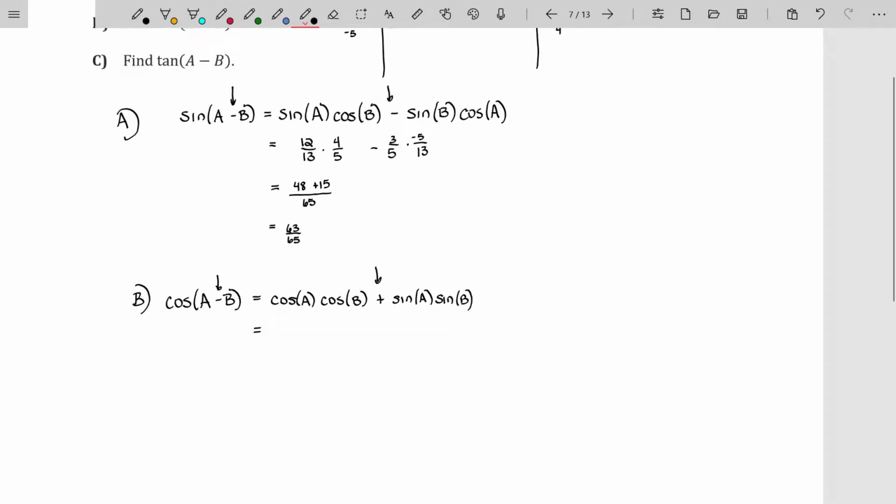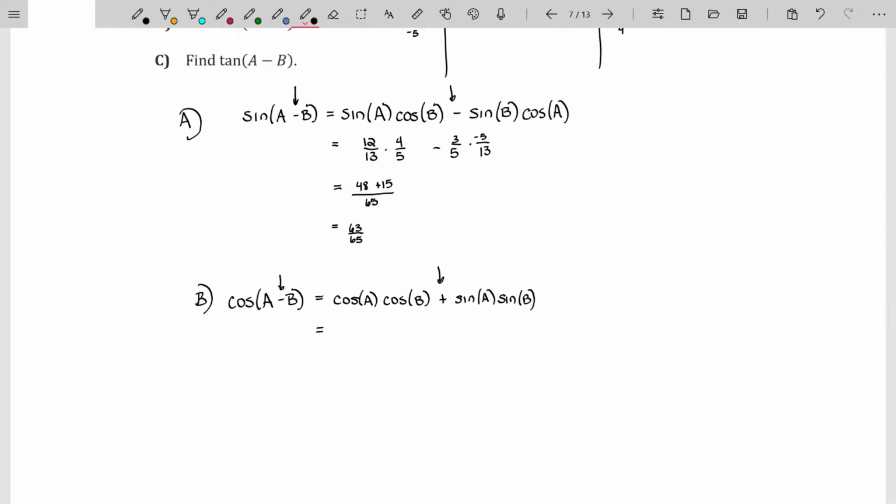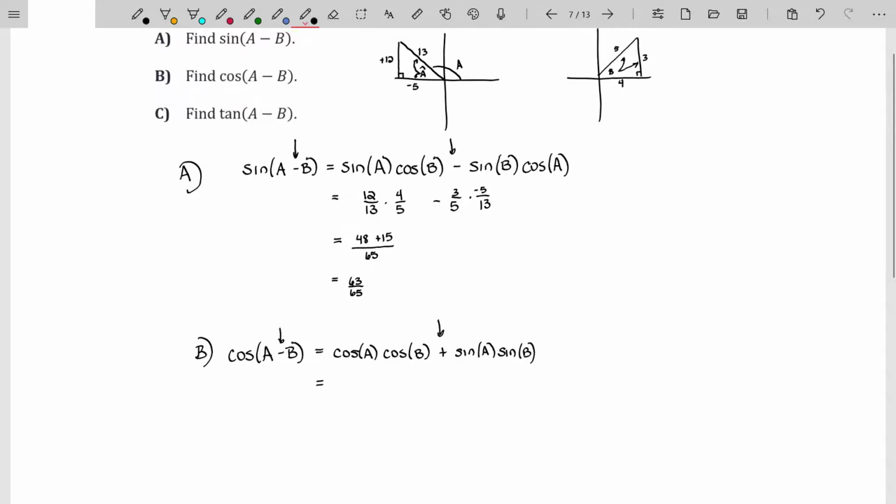I actually have all the numbers written up above, but I would go to my triangles and say, oh yeah, cosine of A is -5/13, cosine of B is 4/5, plus sine of A is 12/13, and sine of B is 3/5.